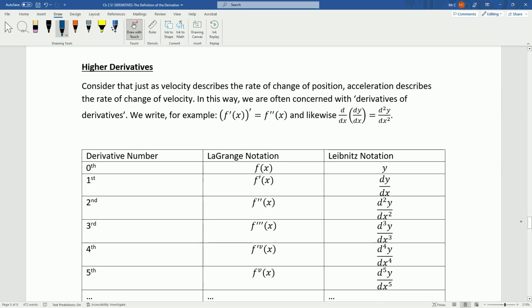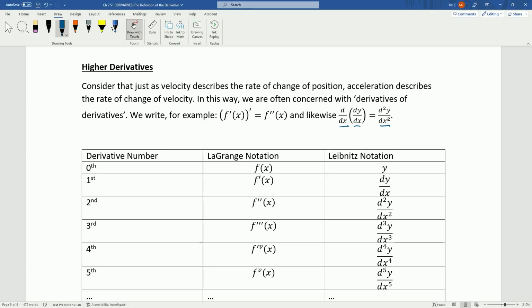But now let's talk about higher order derivatives. Consider that just as velocity describes the rate of change of position, acceleration describes the rate of change of velocity. In this way, we're often concerned with derivatives of derivatives. So for example, we might write f prime of x prime equals f double prime of x. And likewise, the derivative with respect to x of the derivative of y with respect to x is the second derivative of y with respect to x twice.